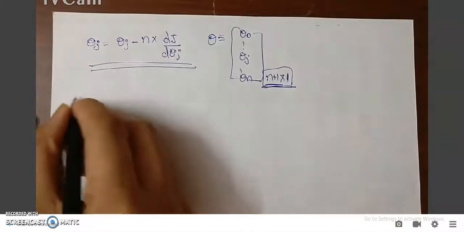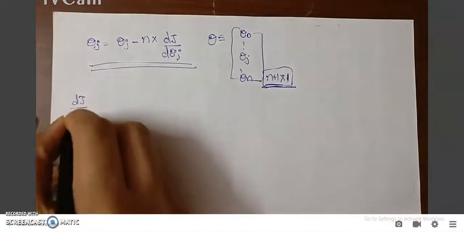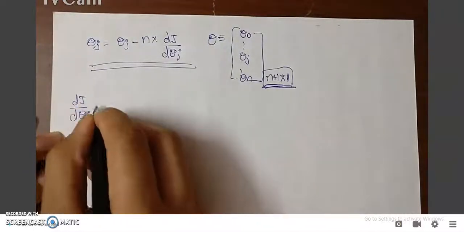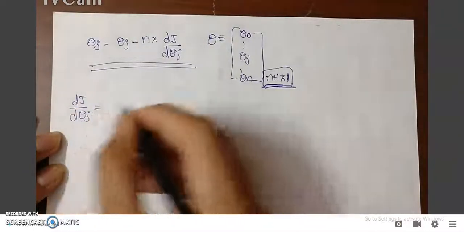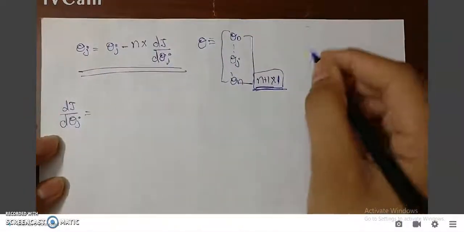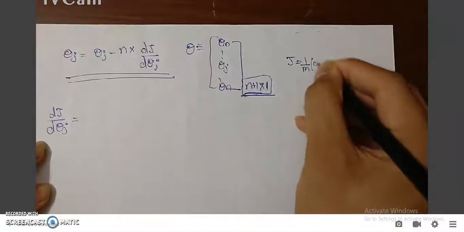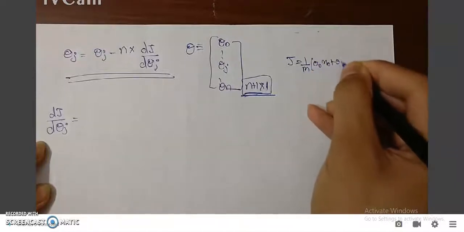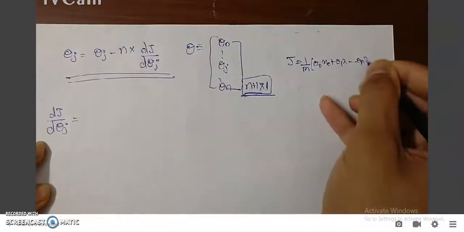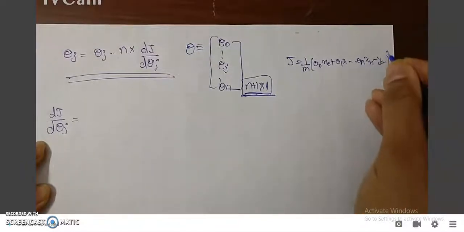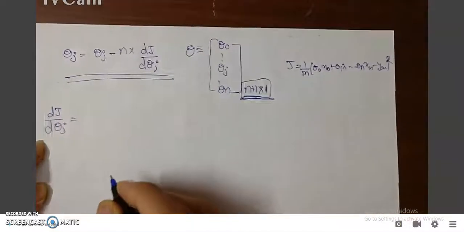So let's do it. We'll first calculate the differentiation of the loss function with respect to theta j. The loss function we have derived was 1 by m (theta naught x naught plus theta 1 x1 till theta n xn minus y actual) to the whole square, right?